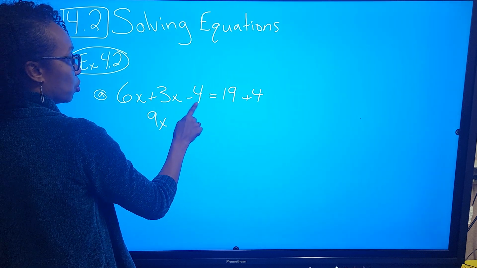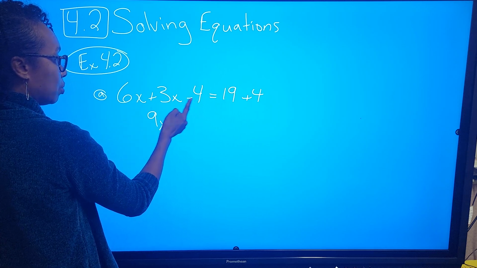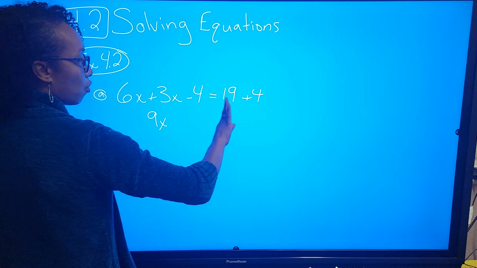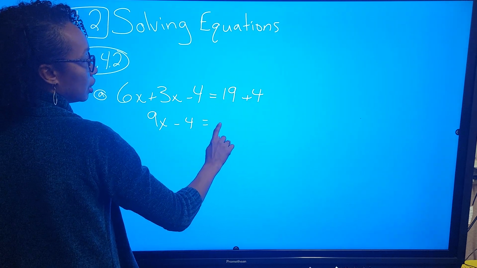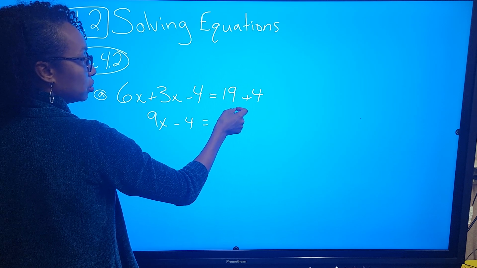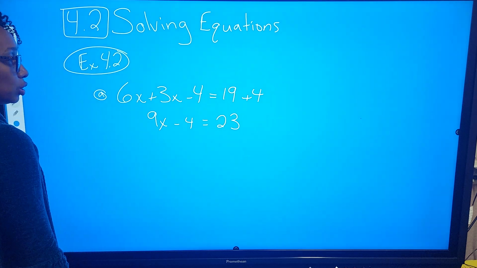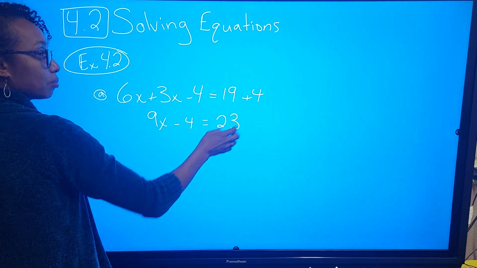I noticed the 4, but I can't put it together with anything because it can only be put together with what's on the side that it's on, right? Over here, I notice I've got 19 plus 4. Neither one of those have x's. We can combine those and say that that's going to be 23. So far, just combine like terms on each side separately.